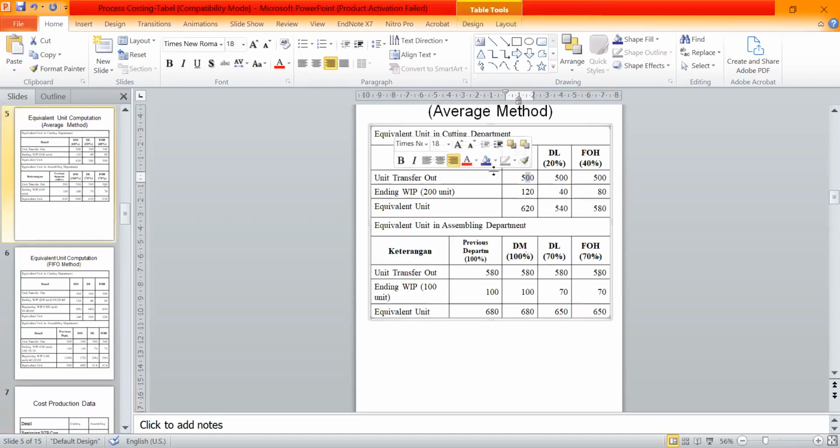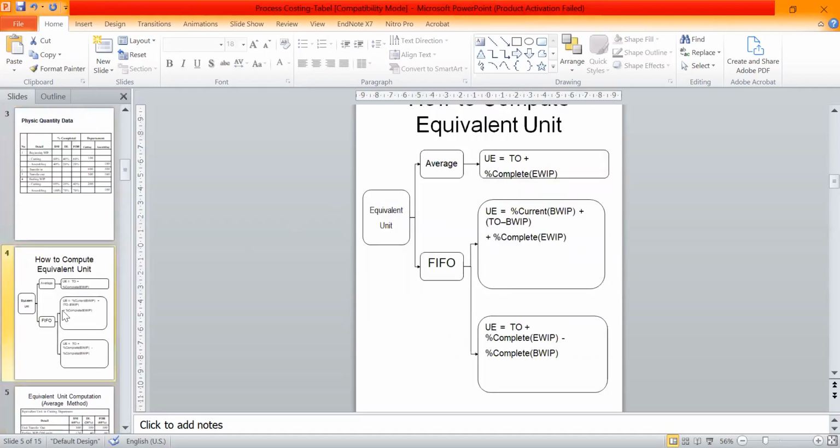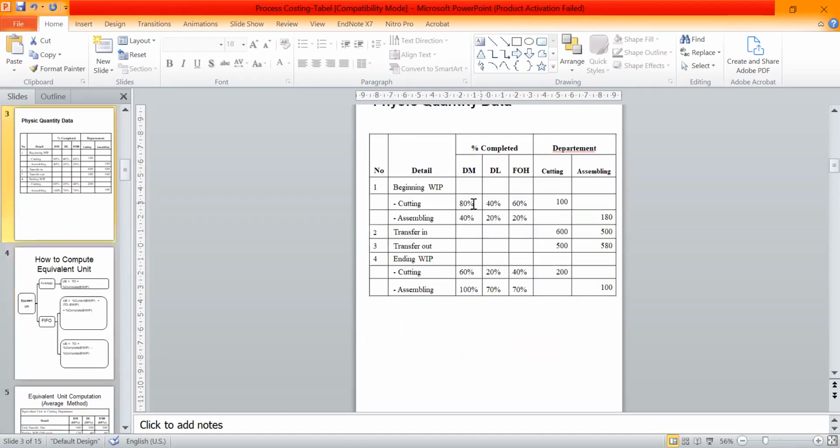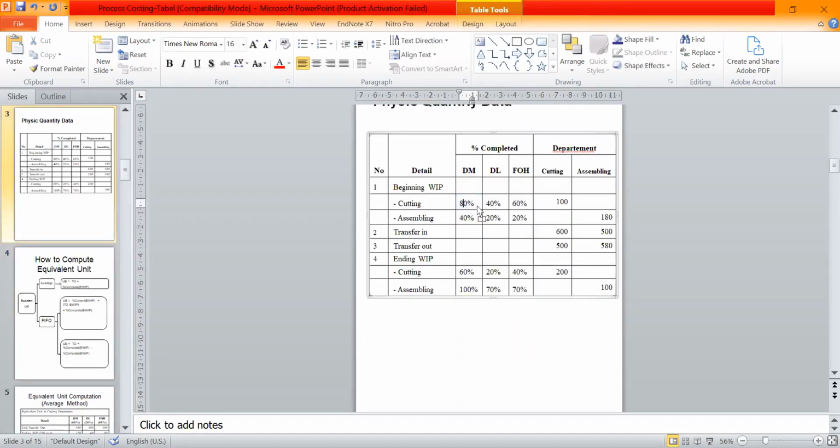Don't forget, the next computation is that we have to add that transfer out number with the percentage completion of the ending work in process. The computation of the equivalent unit requires us to know the assumption of the progress of the completion of the inventory.